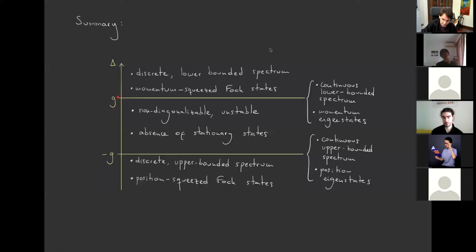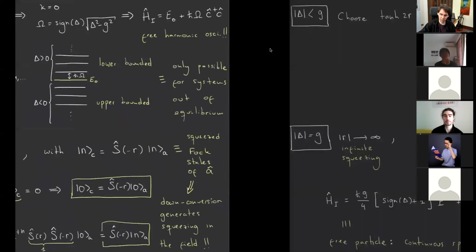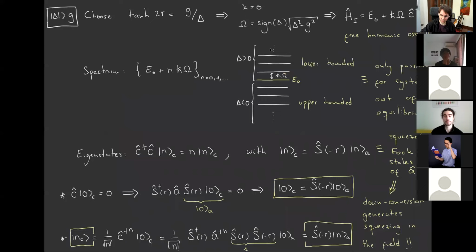Now, when you are exactly at G, the gap in the spectrum becomes smaller and smaller as delta becomes closer to G, because I remind you that this omega here is the square root of delta squared minus G squared. And when delta is equal to G, omega becomes 0, and all the energies of the spectrum try to collapse into one.